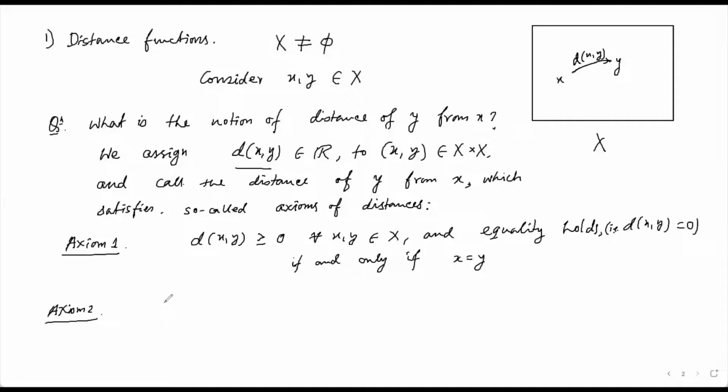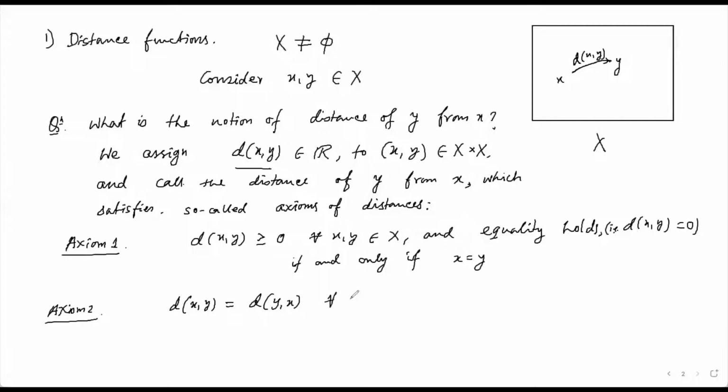So this is the first axiom, and axiom 2 says that the distance of y from x, that is d(x, y), is equal to the distance of x from y, that is d(y, x).